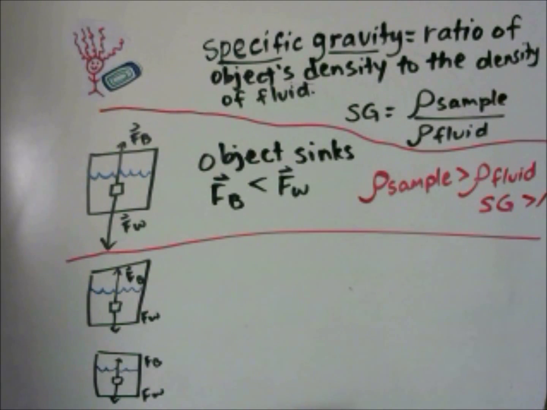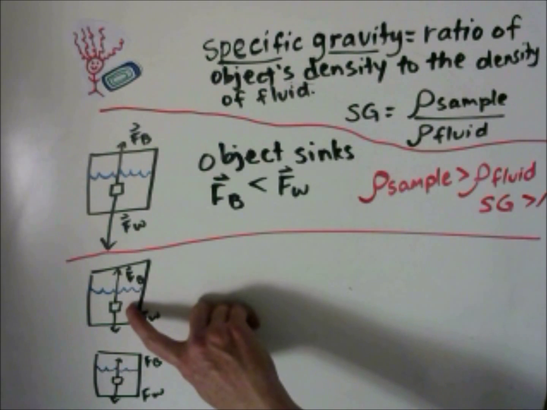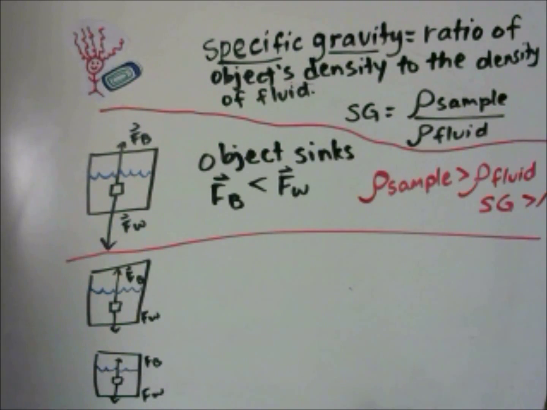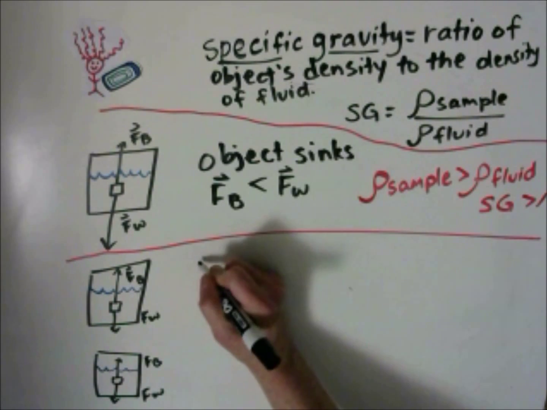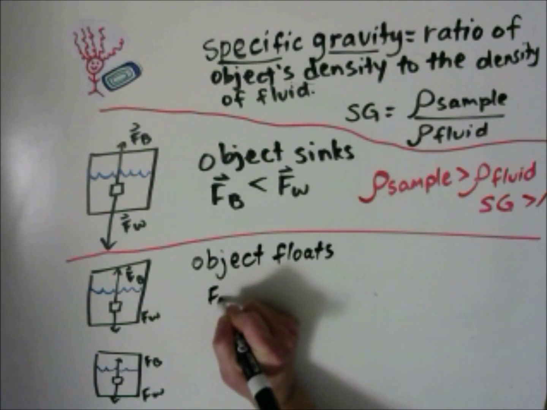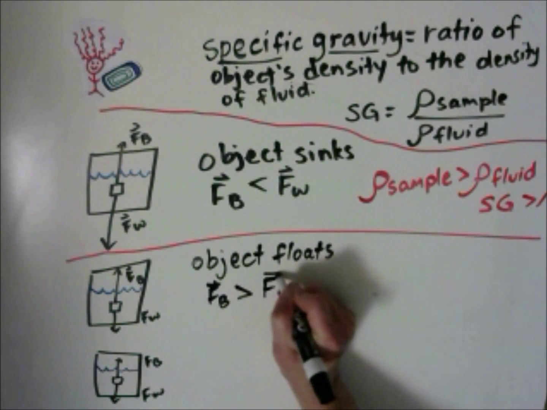In our second example, you can see that the object is in the water or in the fluid, and the buoyant force is greater than the force of the weight. In this case, there's an overall net force upward, so the object floats. This is true when the buoyant force is greater than the force of weight.